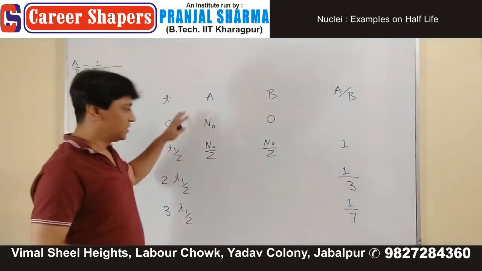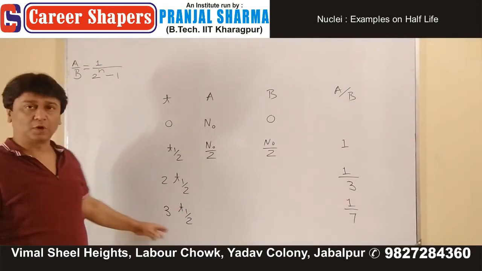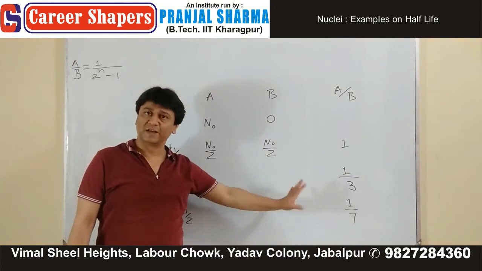So this was the very first question which I asked you, that after 3 half-lives, what will be the ratio of A and B? And the answer was 1:7.